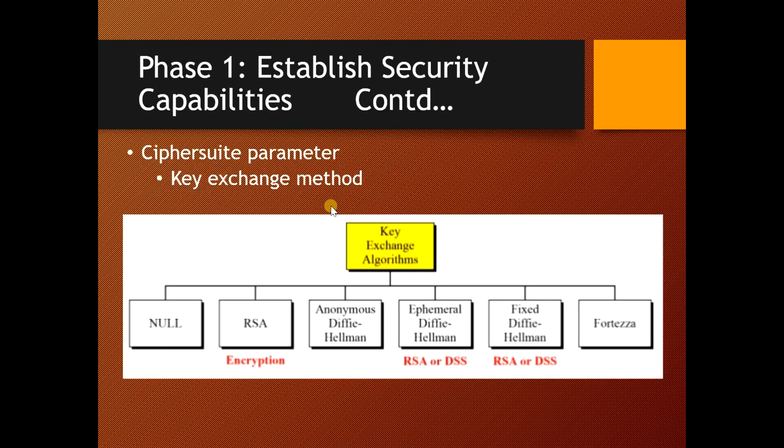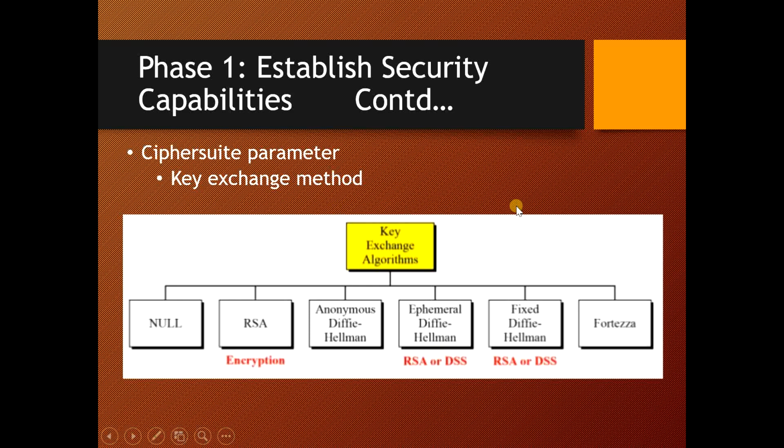There are various methods for this. The key exchange algorithm could be RSA, that is, the Rivest-Shamir-Adleman algorithm, or the anonymous Diffie-Hellman algorithm, or the ephemeral Diffie-Hellman algorithm, or the fixed Diffie-Hellman algorithm, or Fortezza.